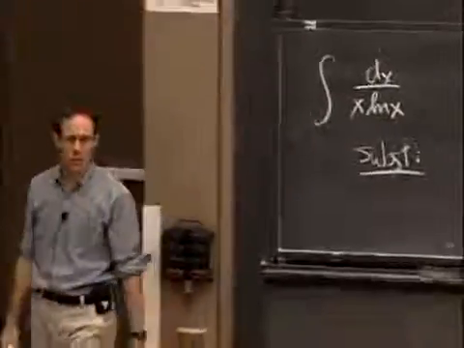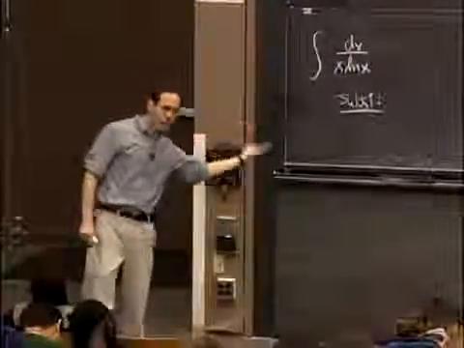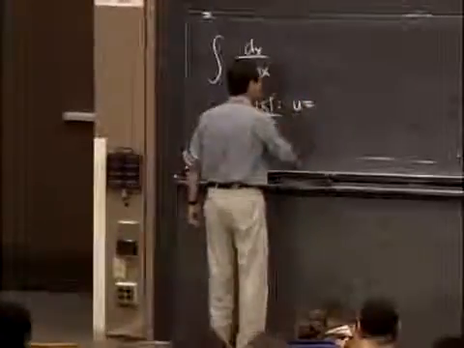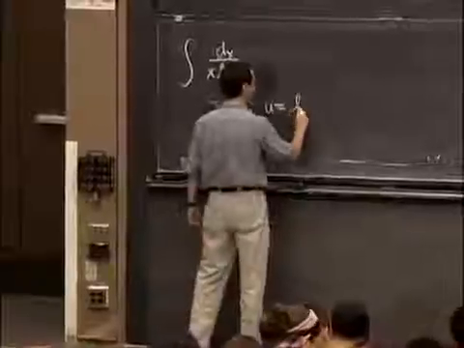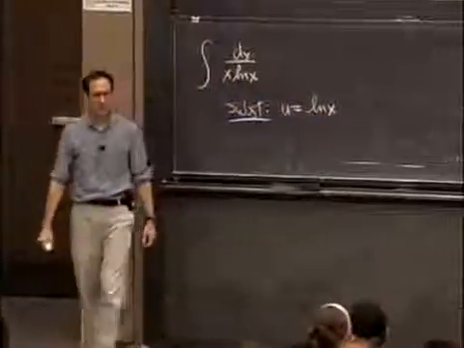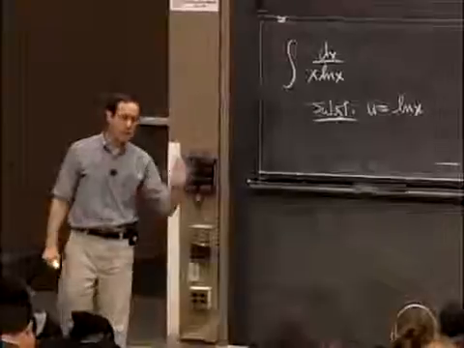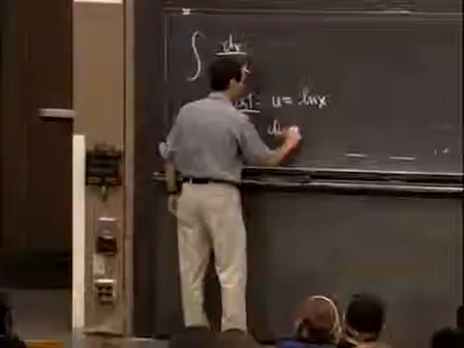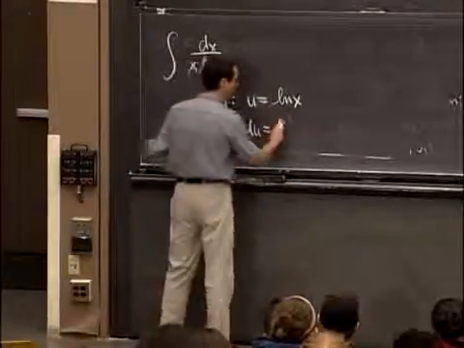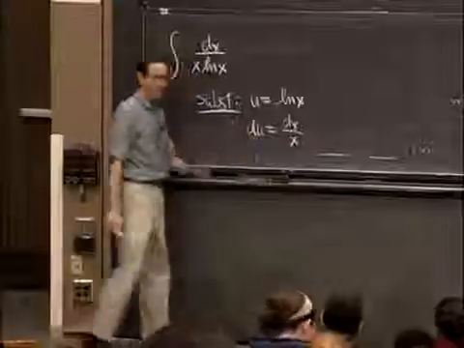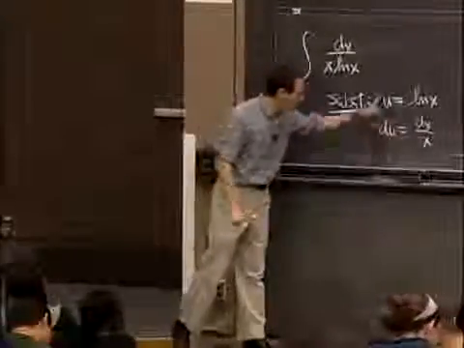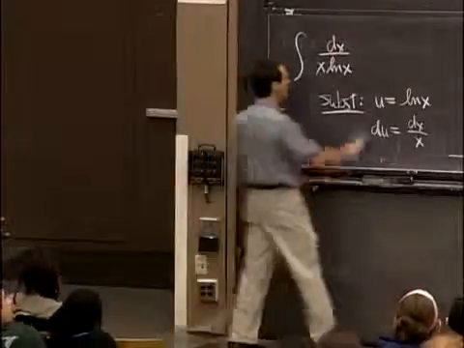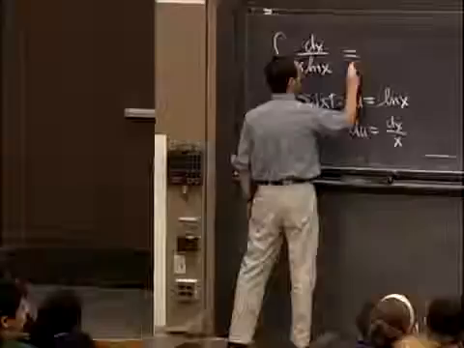And in the substitution method, you want to go for the trickiest part and substitute for that. So the substitution that I propose to you is that u should be log x. And the advantage that that has is that its differential is simpler than itself. So du is equal to dx over x. Remember, we use that in logarithmic differentiation too. All right, so now we can express this using the substitution.